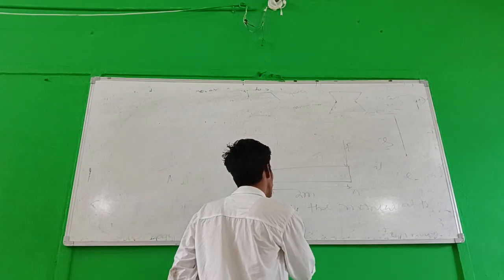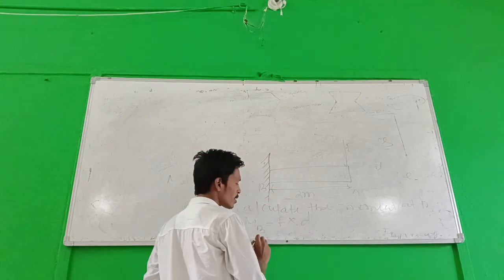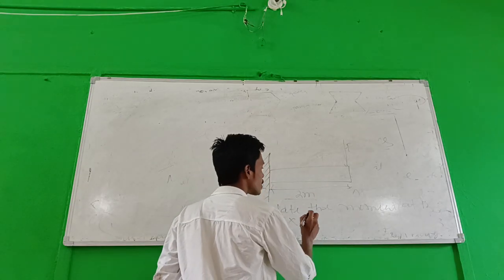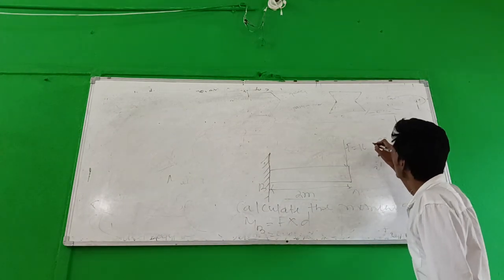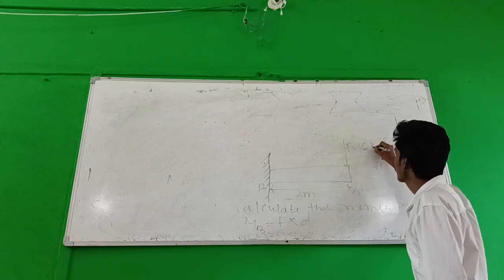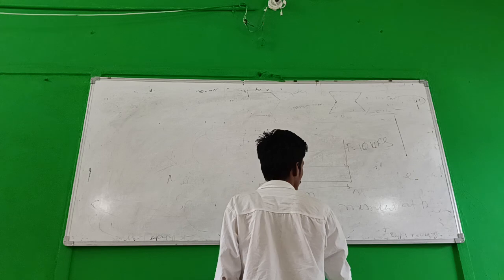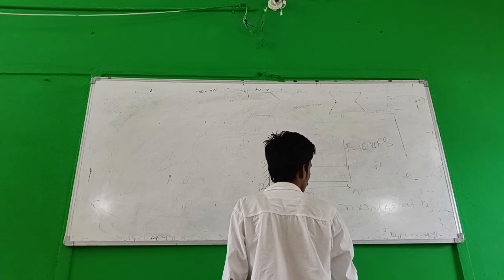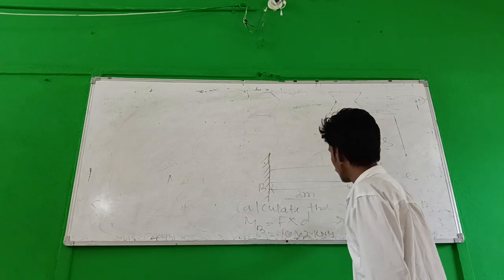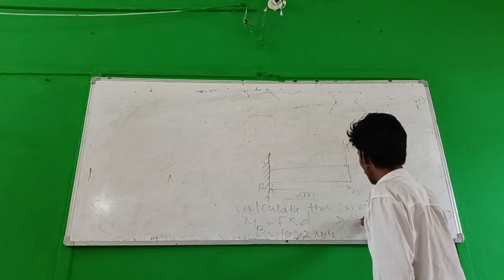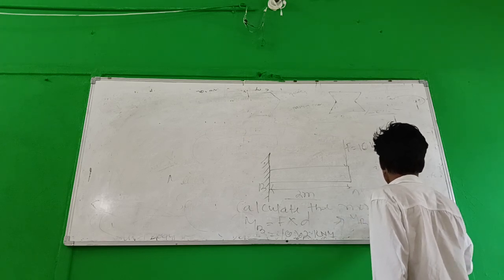Force into perpendicular distance. The perpendicular distance is 2 meters. Let this force be 10 kilonewton. So 10 into 2, which implies that the moment at B is equal to 20 kilonewton meter.